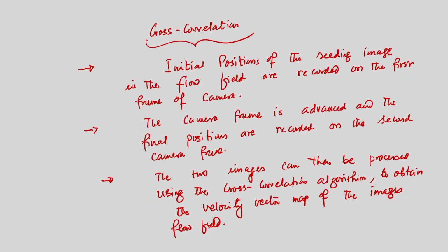That is what I have written: from one sample to its counterpart in the second camera image, as there is a continuous flow in the illuminated plane. So, this is what is done using PIV analysis.